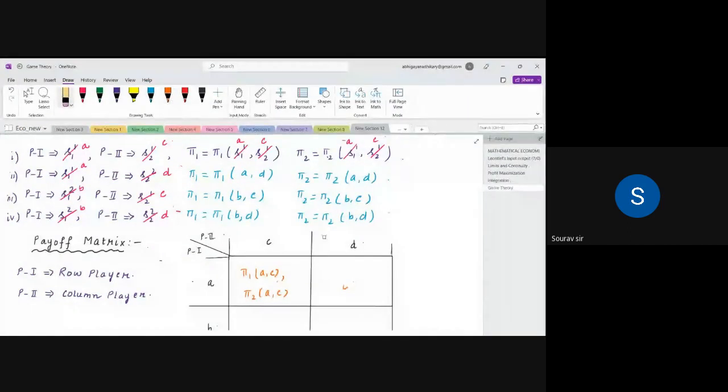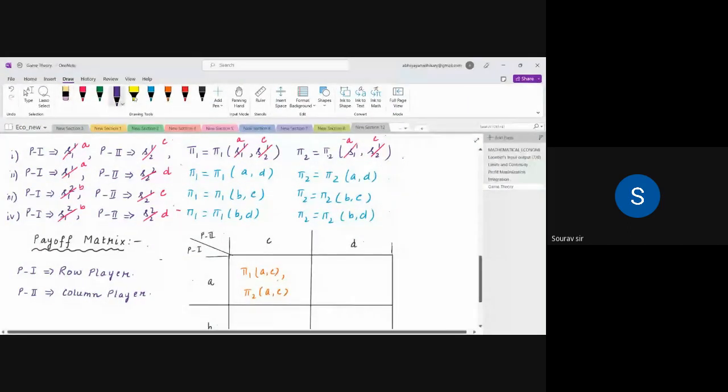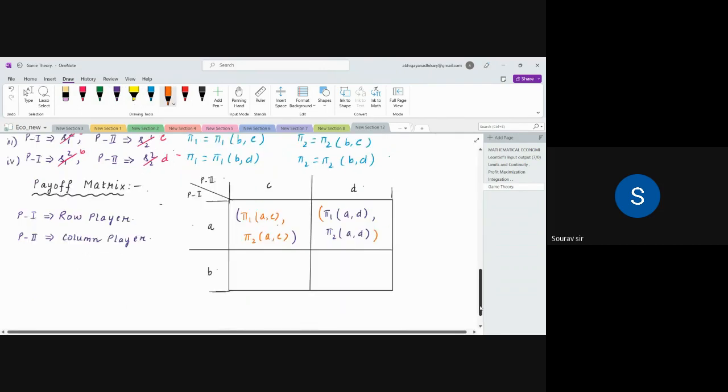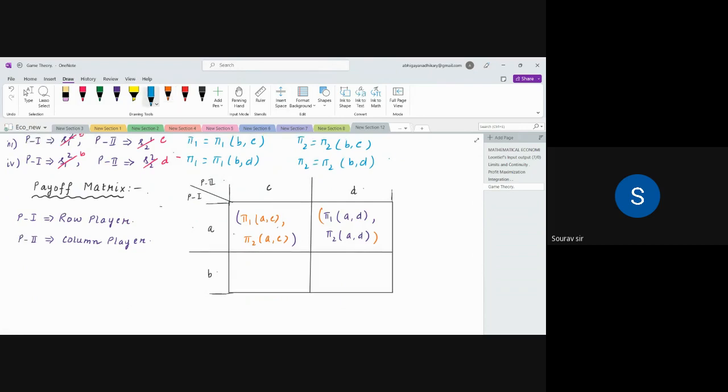Therefore, the first entry would be the payoff of player 1, which is now depending upon A and D, comma, the second entry is player 2, which is A and D. It's just like the coordinate system that you write. So just put a bracket over here. That will make it clear. And similarly, you all can fill up the other entries as well.